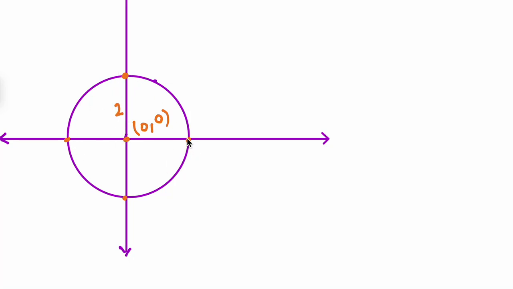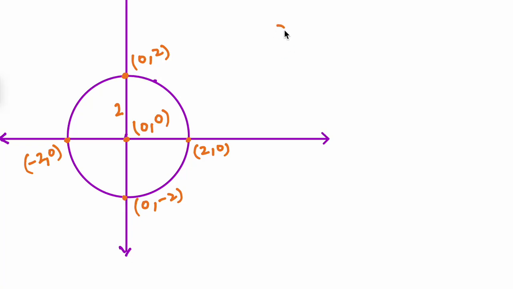Because the center is at the origin, we can write the coordinates: this is 2 and 0, this one is the y-intercept, 0 and 2, this one is negative 2 and 0, and this one is 0 and negative 2.